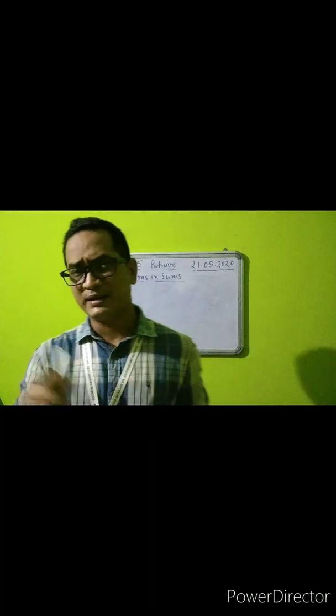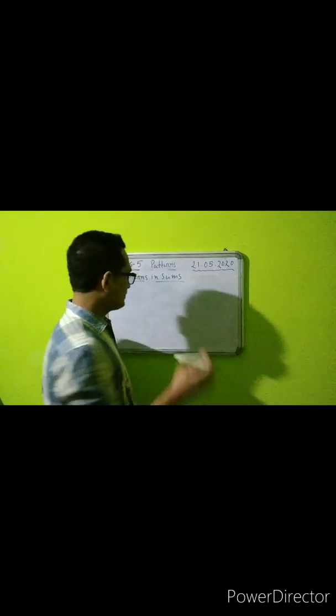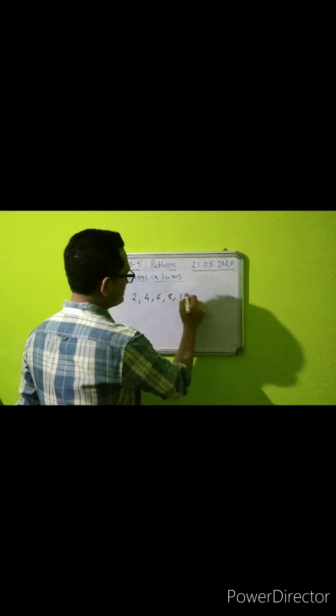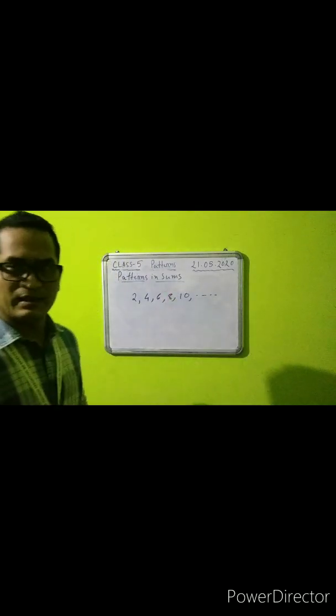We already had the pattern chapter last year, in class 4 also. In pattern, we know that a pattern is a specific arrangement of numbers arranged within a rule. That is, there is a fixed rule through which it is arranged. Suppose 2, 4, 6, 8, 10, dot dot dot, like this.